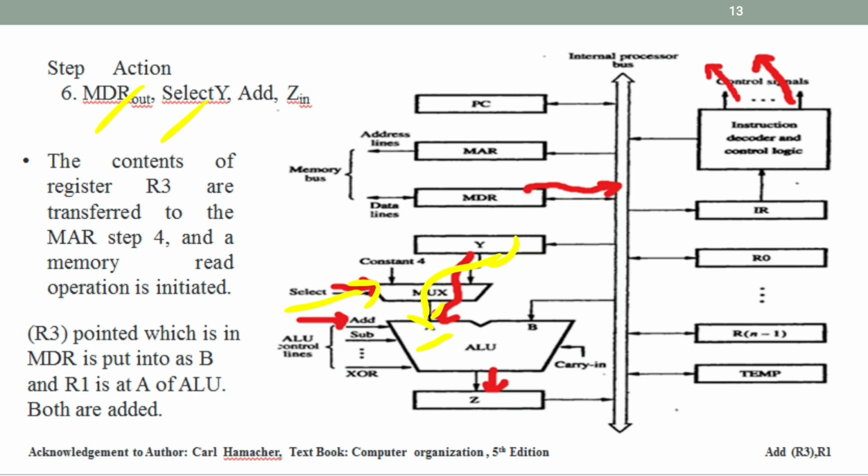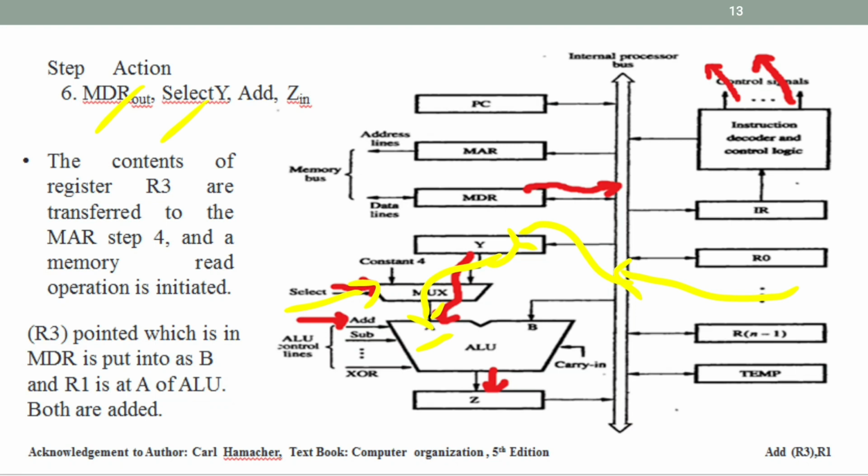What was there in Y? In the previous control step, the R1 content was put onto the internal processor bus. From there it was saved in Y in. Hence in this control step when select Y is given, that R1 through the mux is given to the A input of the ALU.